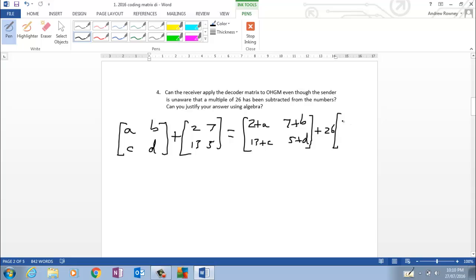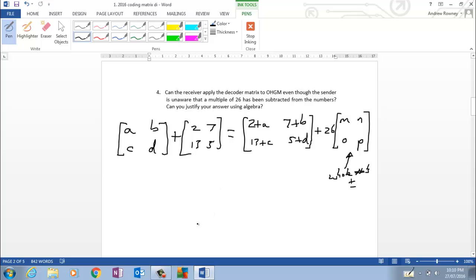So in here you have MNOP, where these letters are whole numbers and they could be plus or minus, so that you're either adding on or taking off a multiple of 26.